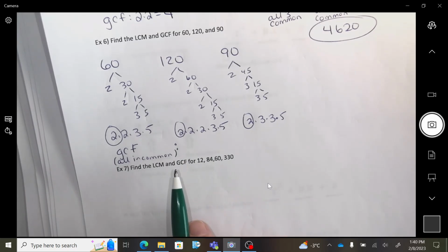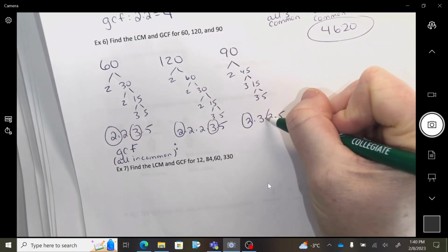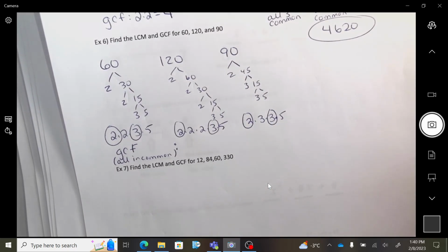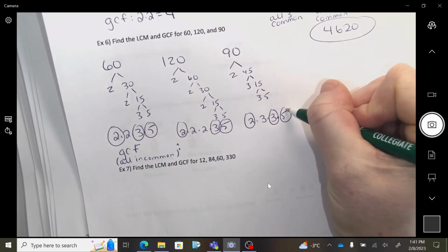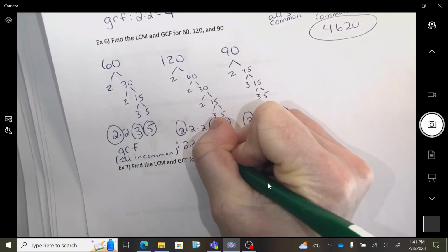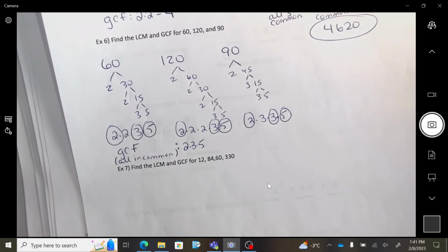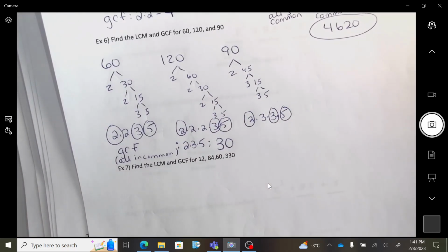No more 2s in all of them, right? They all have a 3. I can take a 5 from them all. Are we good with just that? Yeah. That's what you got? So 30 is the biggest number that will divide into all of them.